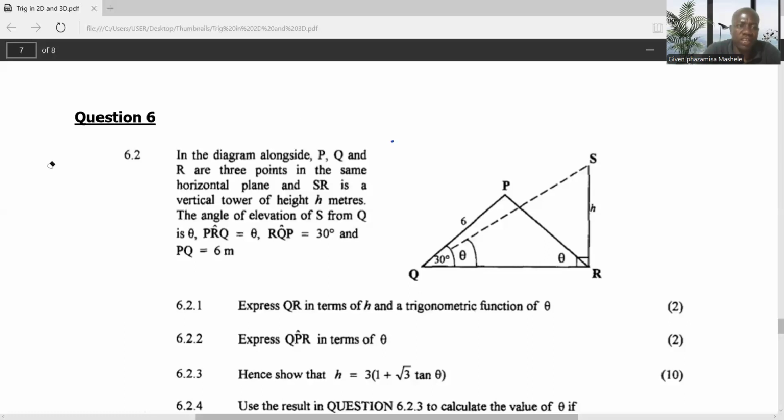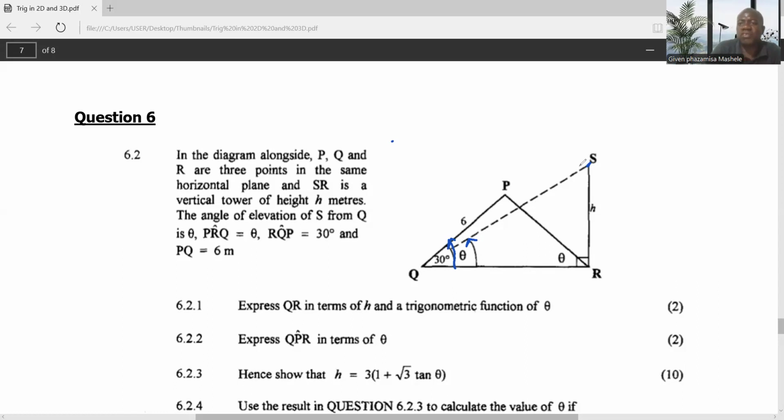The angle of elevation of S from Q, it's theta, or this is the theta. And angle QPR, from R to Q, Q to P, so they're referring to the whole of this angle, is 30. PQ is 6 meter, from P to Q it's 6 meter.